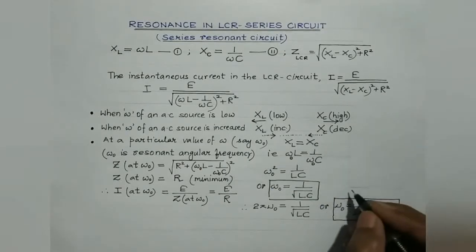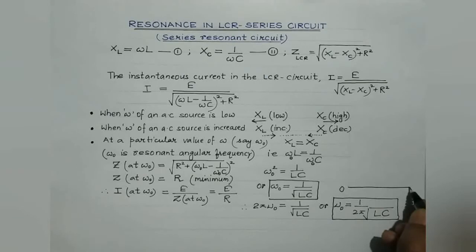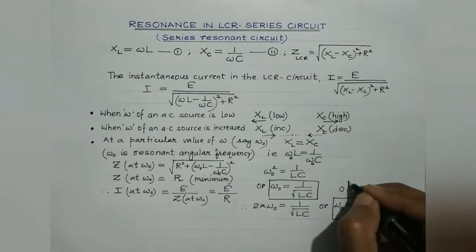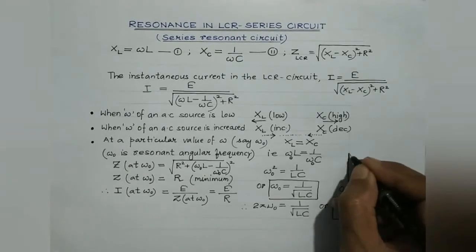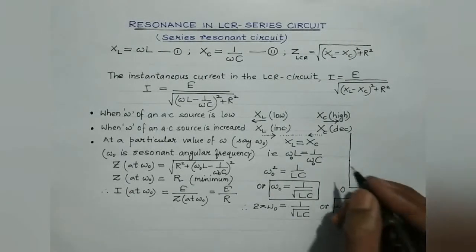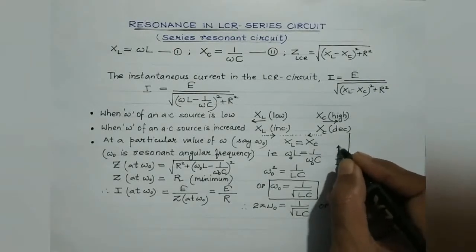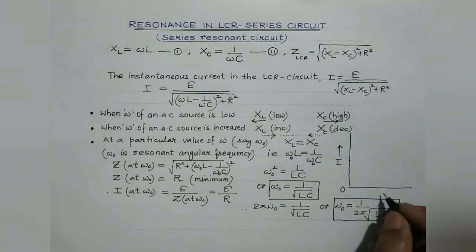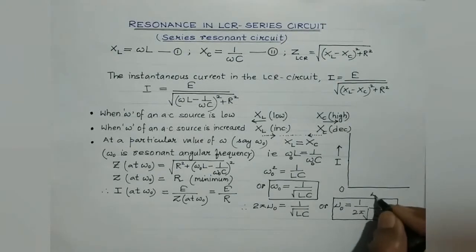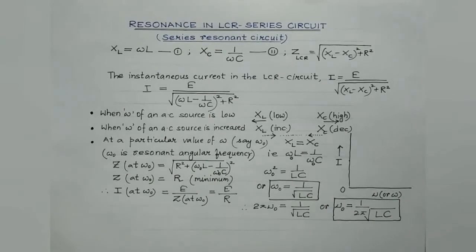Now let us draw a graph showing the variation of current with frequency of the source. Suppose this is the origin, this represents the x-axis, and this represents the y-axis. Let us plot a graph showing the variation between the current and the frequency. Suppose this is nu or omega, right?